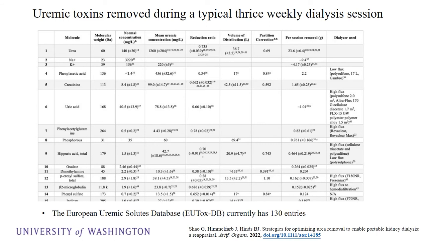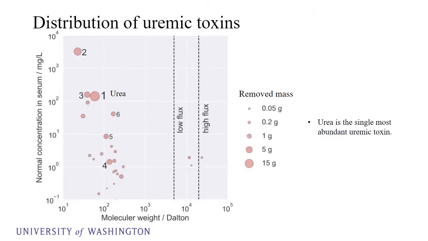And what we found is the table being plotted in this figure. Here on the left is the normal concentration in the serum in milligrams per liter. On the bottom axis is the molecular weight, and we plotted the molecular weight cutoff of both the low flux and high flux hemodialyzers.